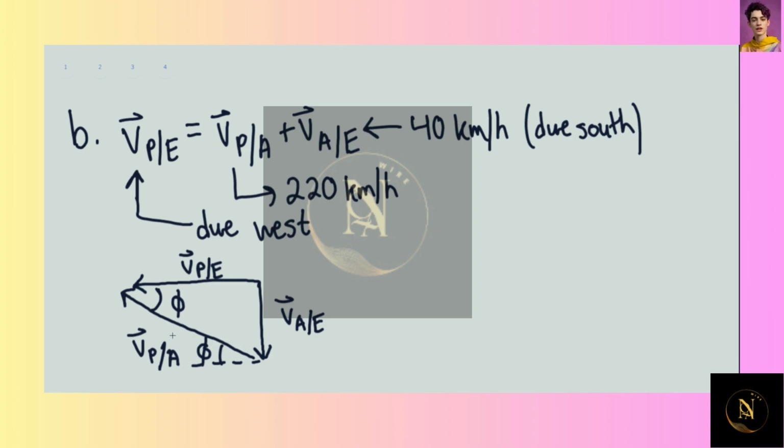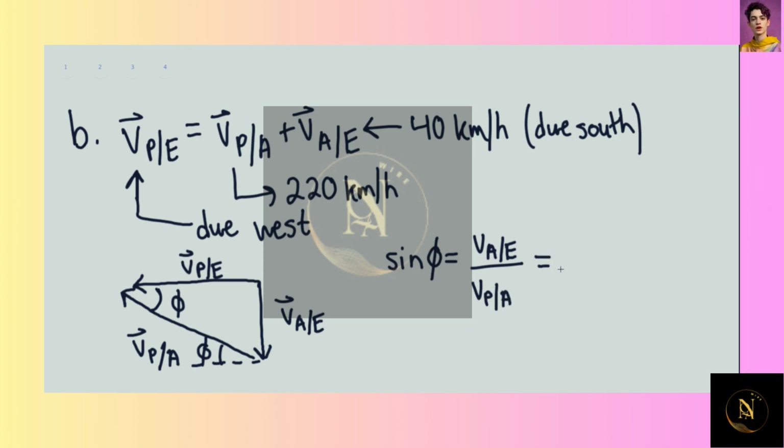So we can then find the direction. Sine of phi would be equal to the velocity of the air relative to the Earth divided by the velocity of the plane relative to the air.